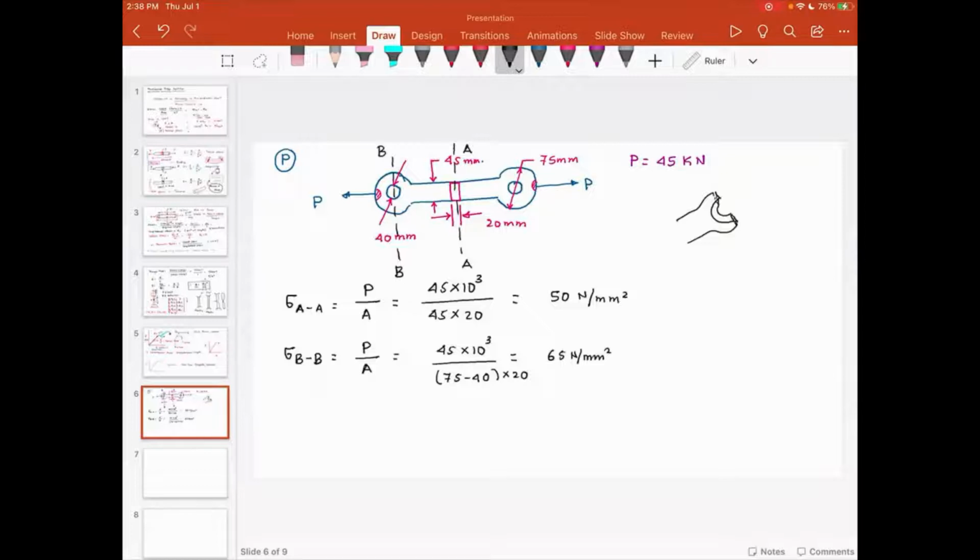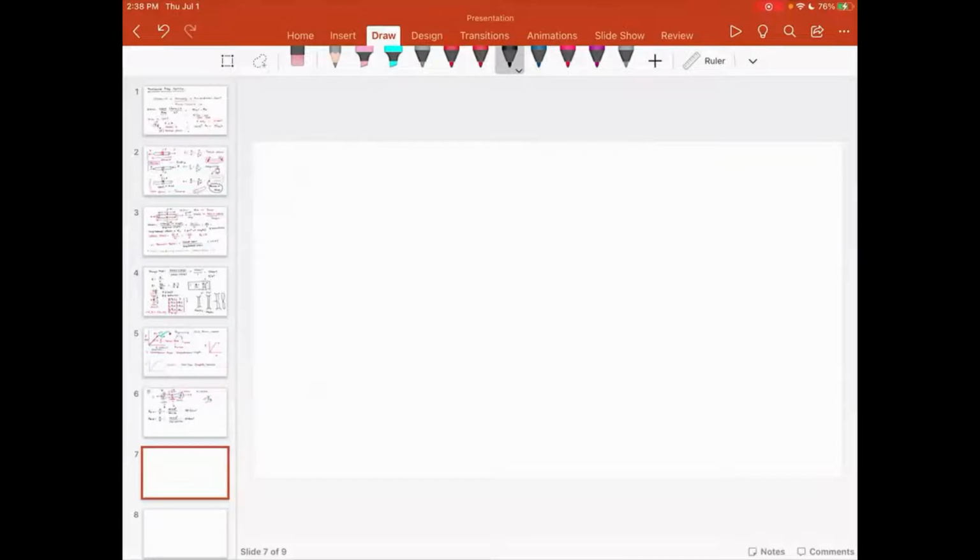Okay, let me work out the second problem. So, a hydraulic press exerts a total load of 3.5 meganewton.